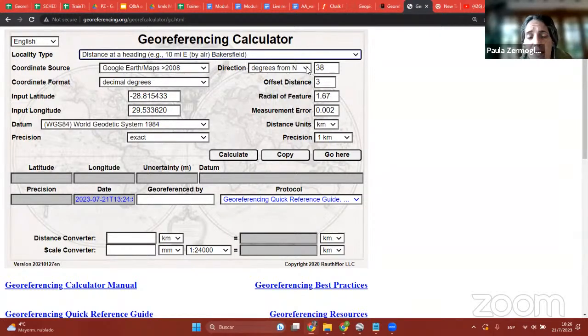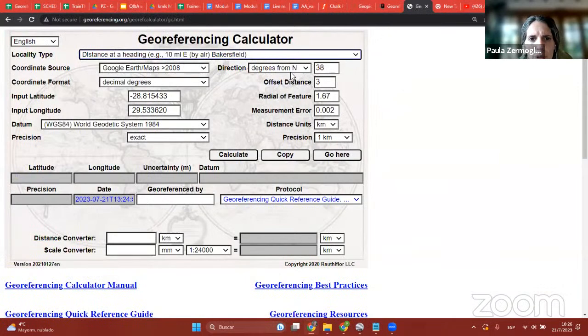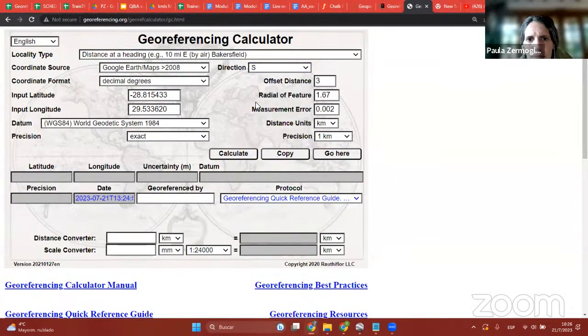We have the direction, which was here south. So in the calculator, we will choose south. We have the offset distance, how many kilometers south, which is going to be the same, 3 kilometers. The radial of the feature is the same because we have Winterton as the town, and all the other parameters remain as we had them before.